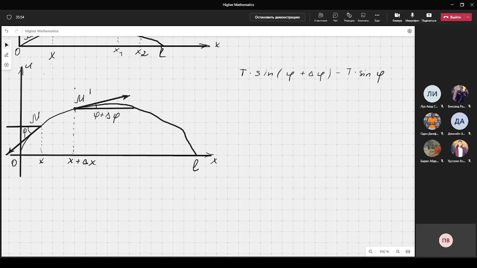Since the angle phi is small, we can put tangent phi approximately equal to sine of phi.